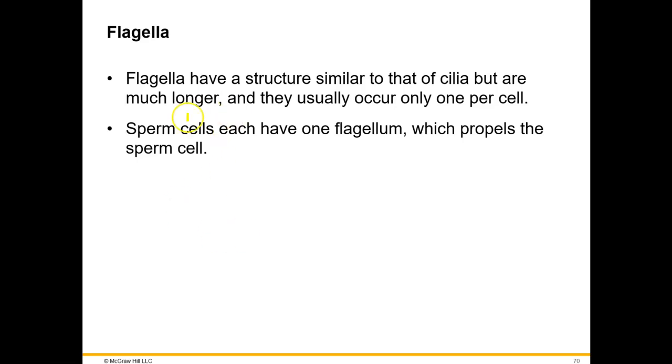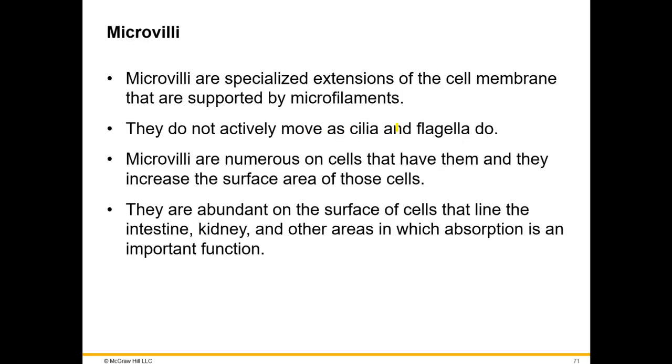But then once the sperm becomes active, sperm cells have a flagellum. Each sperm cell has a flagellum, and it's just used for swimming. So a flagellum is one long strand, whereas cilia are many little shorter hairs. Both are made from microtubules.